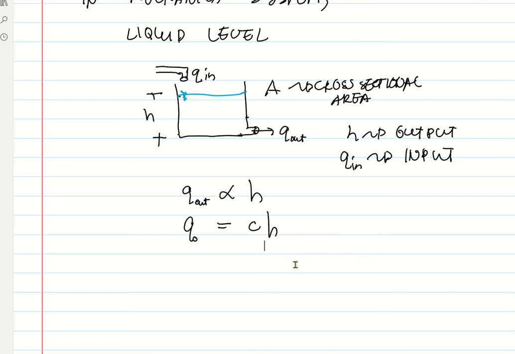Then another formula: the total accumulated volume in the tank. How do we determine that? We determine that by subtracting the output from the input flow rate. This is the incoming volume flow rate, you take out the output, and the remaining difference is the accumulated volume.